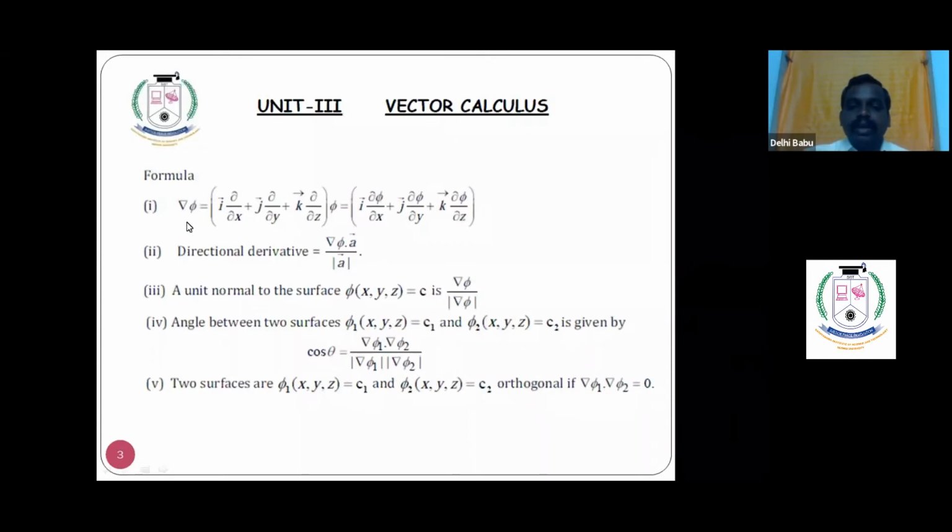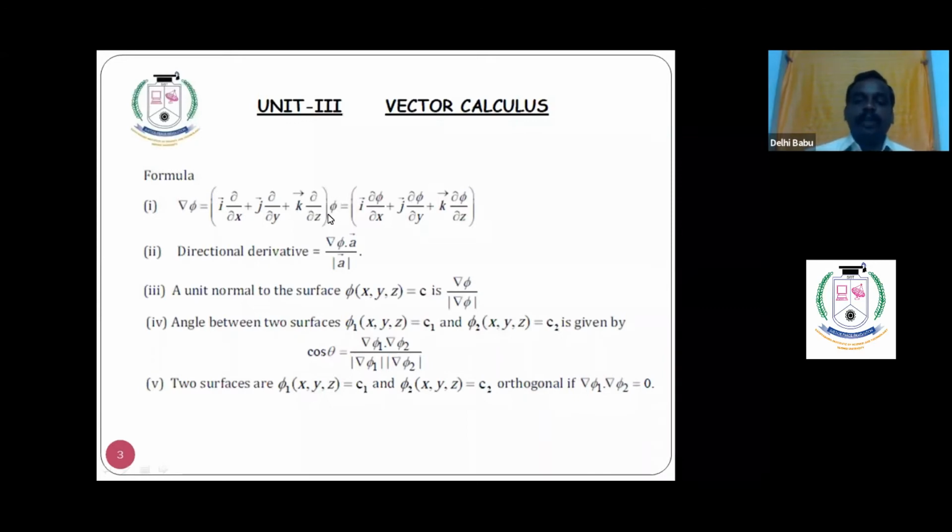Now your gradient phi is nothing but del phi. Your del phi is equal to, del expansion, i vector dou by dou x plus j vector dou by dou y plus k vector dou by dou z, into this phi. Phi is a scalar quantity.